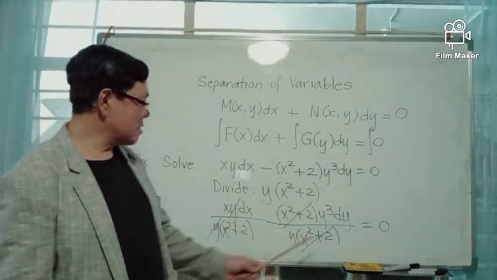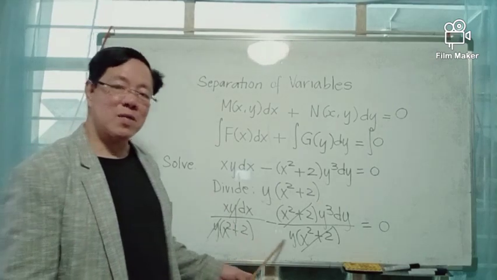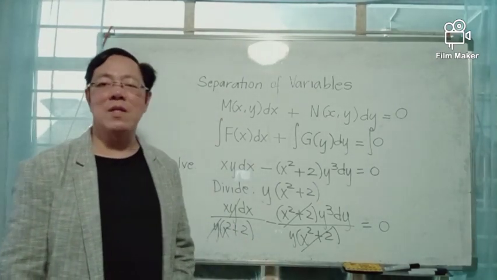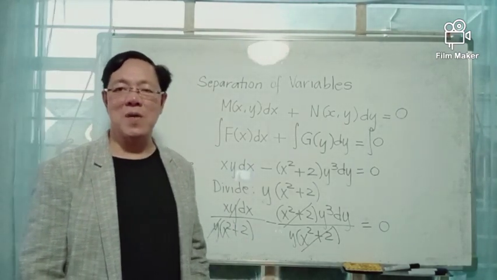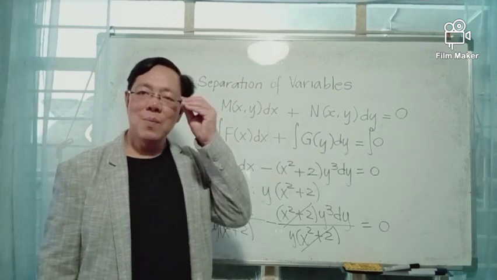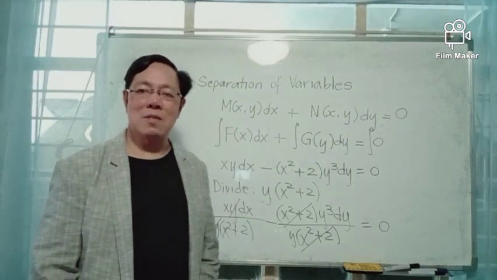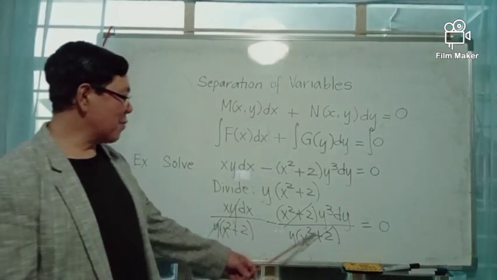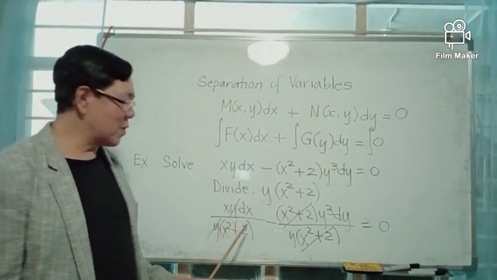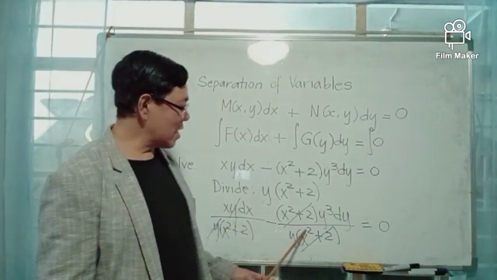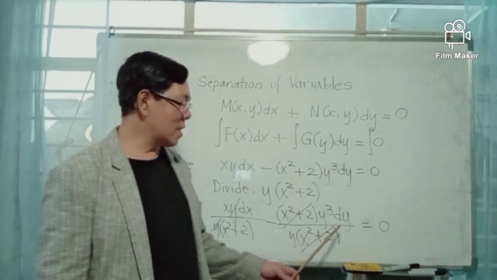We can still simplify each term of the left-hand side, and then we find the solution of the simplified differential equation by integrating both sides. The left-hand side, we integrate the first term with respect to x, and the second term we integrate with respect to y.